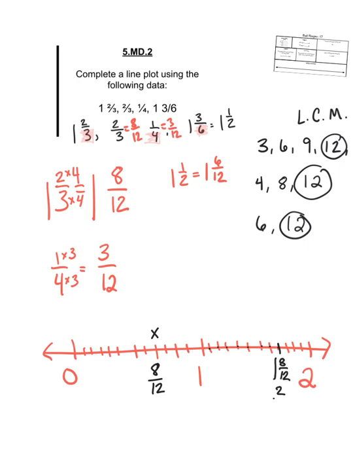Which is the same as 1 2/3. Okay, put my X there. Can't forget my X. 3/12. 1, 2, 3. Which is the same as 1/4. 1 3/6, which is the same as 1 1/2. 1, 2, 3, 4, 5, 6.